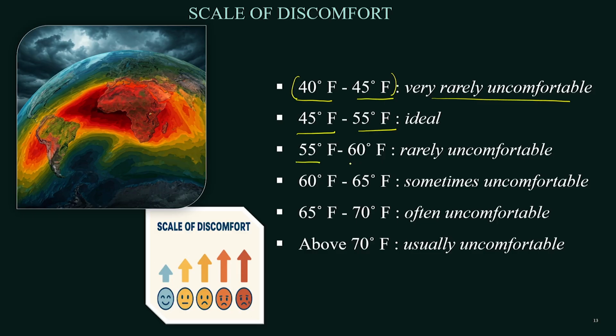Then 55 to 60 degree Fahrenheit is considered rarely uncomfortable. Then 60 to 65 degree Fahrenheit is considered sometimes uncomfortable. Then 65 to 70 degree Fahrenheit is considered often uncomfortable, and regions recorded as above 70 degree Fahrenheit are considered usually uncomfortable.